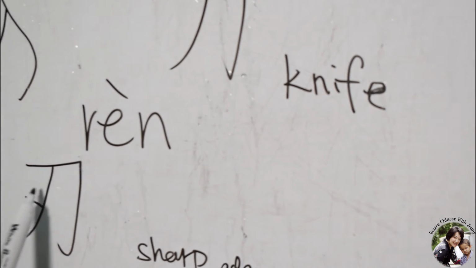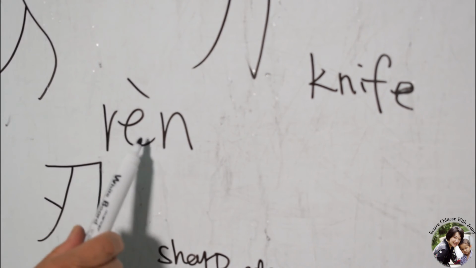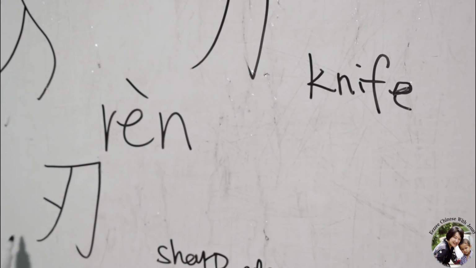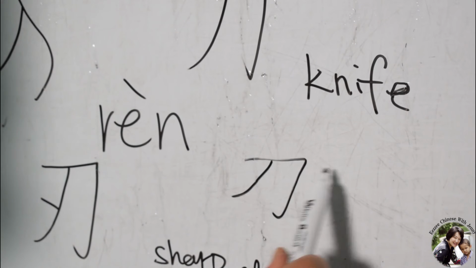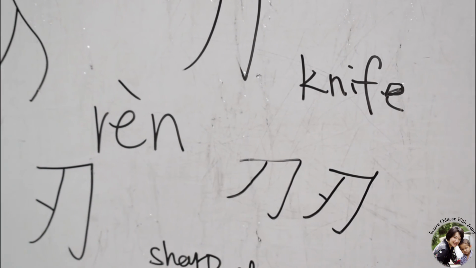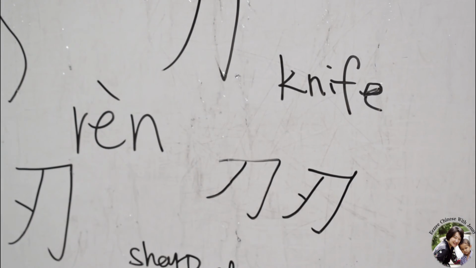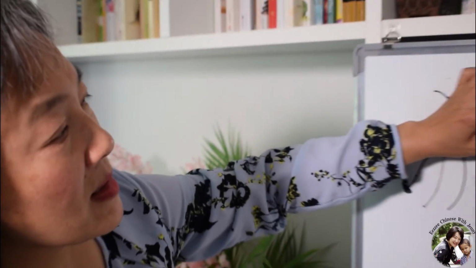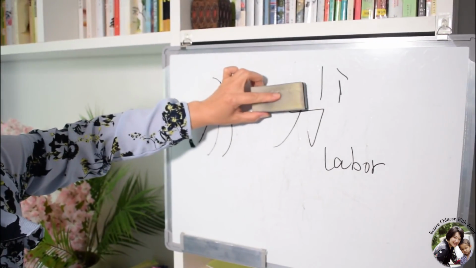The pronunciation is 刃, the fourth tone. 刃. Put these two together, 刀刃 means the sharp edge of your knife.